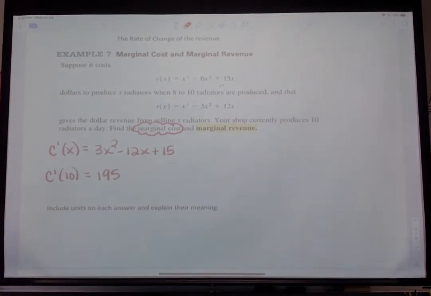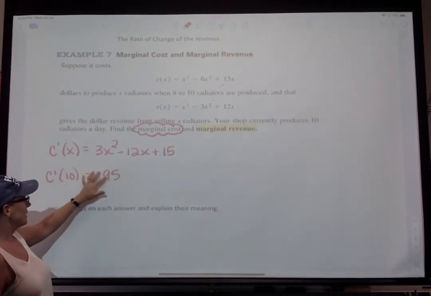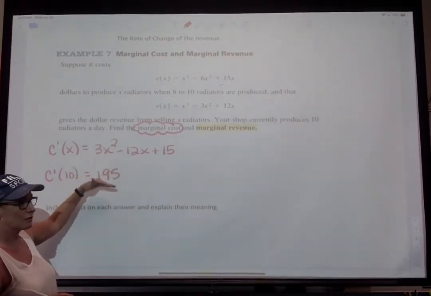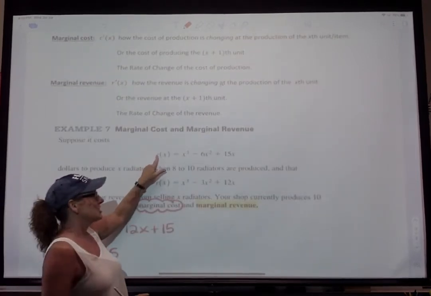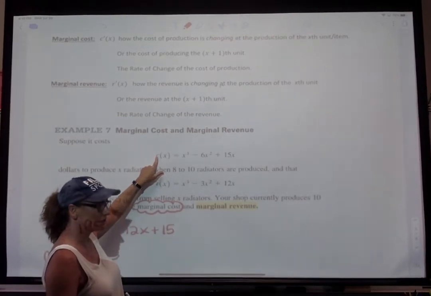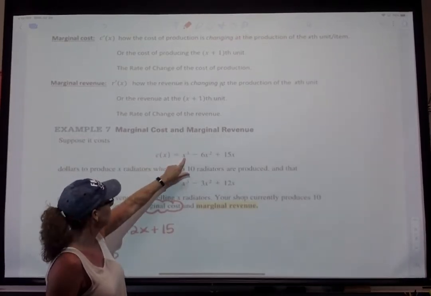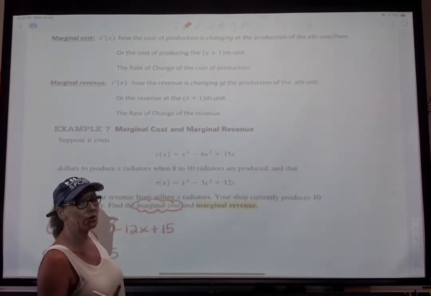Include units on each answer. Okay, so keep in mind, this is rate of change. This is like change in y over change in x. Well, we don't have y's and x's. It's change in c over change in x. What's c stand for? Cost. What's x stand for? The number of radiators.